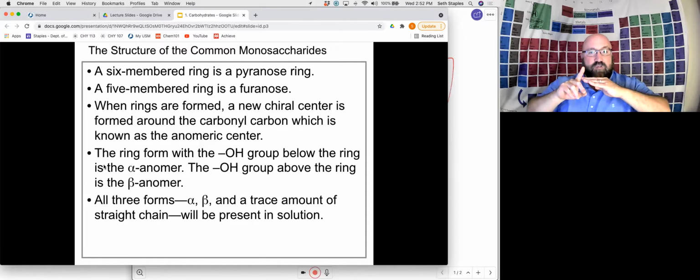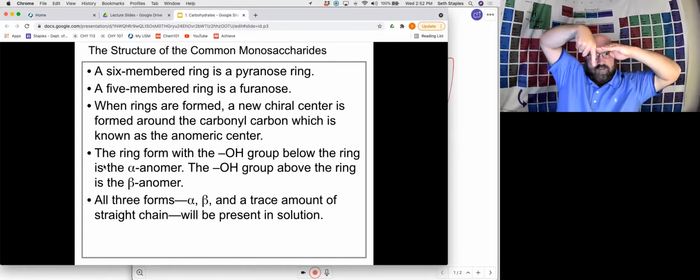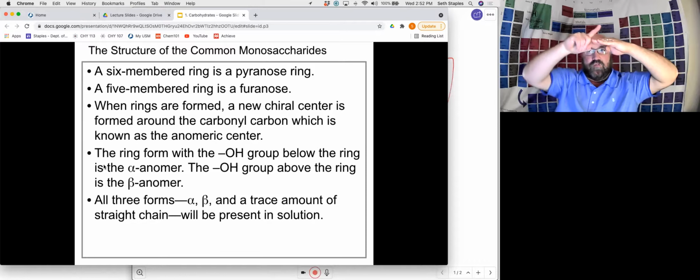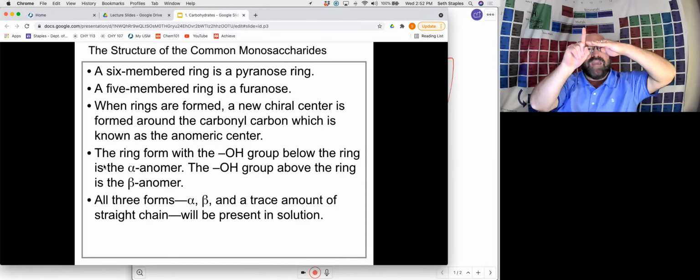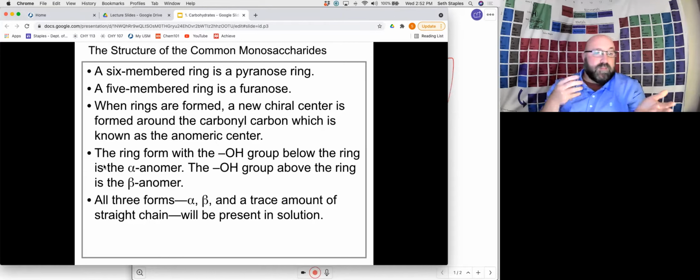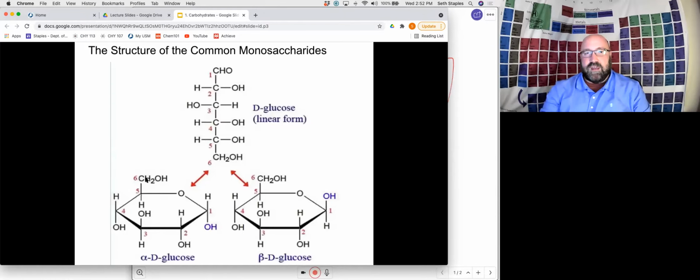If the OH group is below the ring, we call that the alpha version of the saccharide. If that OH group is above the ring, that's called the beta version. When we go from the chain into our ring, all three forms, the alpha, beta, and a bit of the straight chain, are actually present. One of them is usually in either the alpha or the beta in a higher proportion, but a little of both.